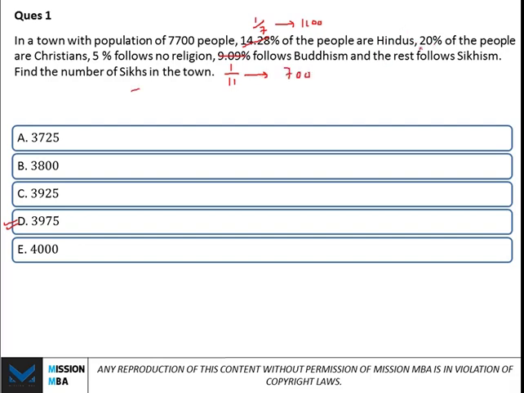Now what's more to calculate? 20% and 5% can be dealt with using 10% very easily. So 10%, 770, 20%, double of it, that's 1,540. 5%, that's half of it, that's 385. Now simply you just add them all and subtract it from 7,700 and you get the answer very quickly.